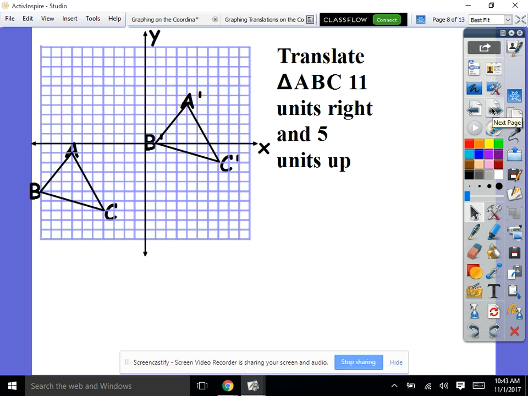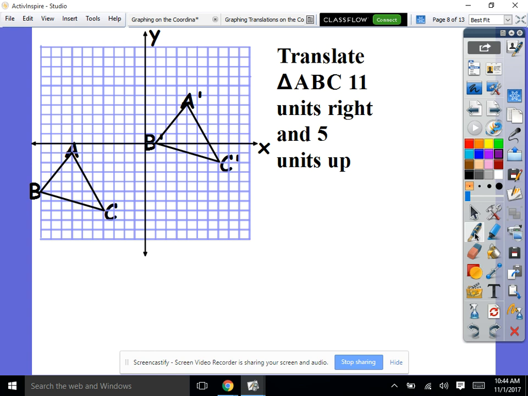All right, we're going back to the first example from yesterday when we were graphing translations on the coordinate plane. This is what it looked like once we got it graphed. We'll write down the coordinates of the pre-image, triangle ABC, and then the new coordinates for triangle A prime, B prime, C prime.